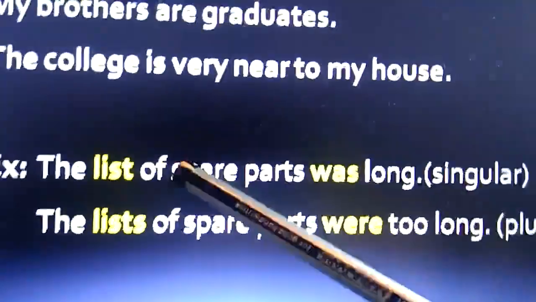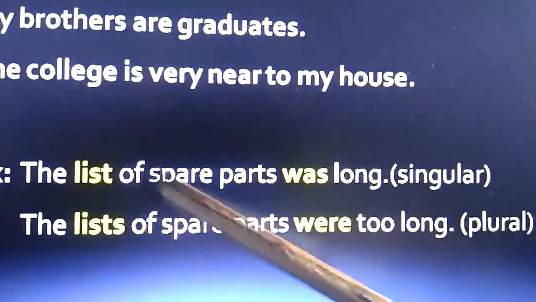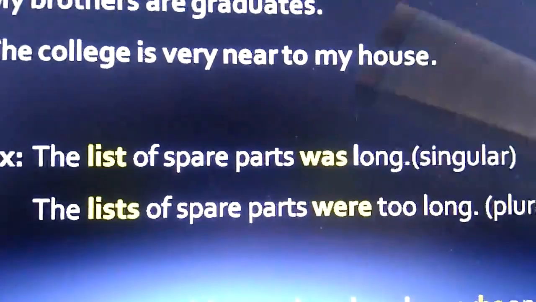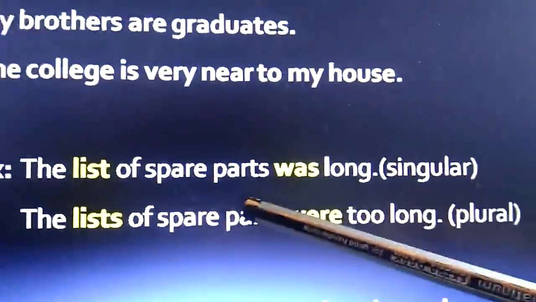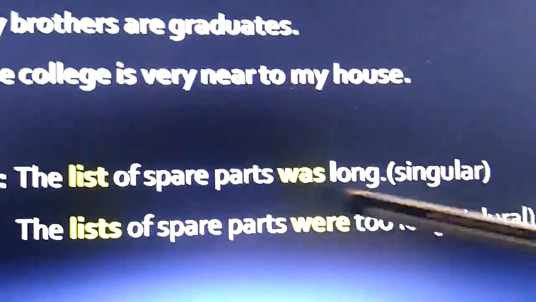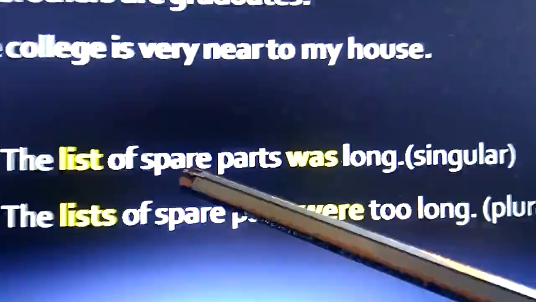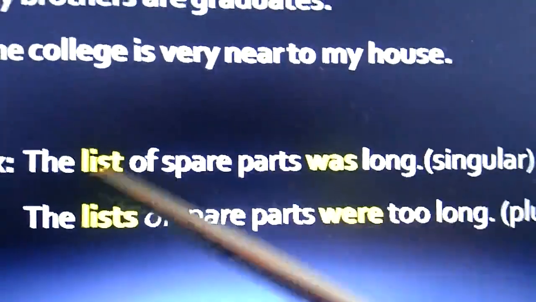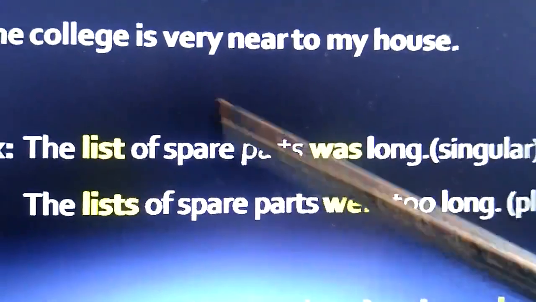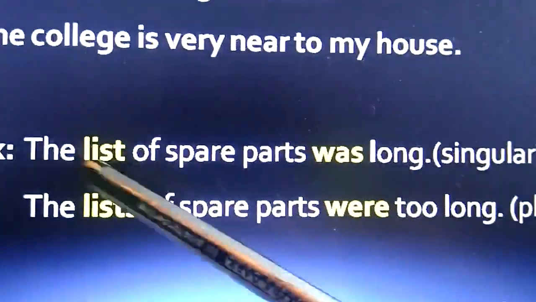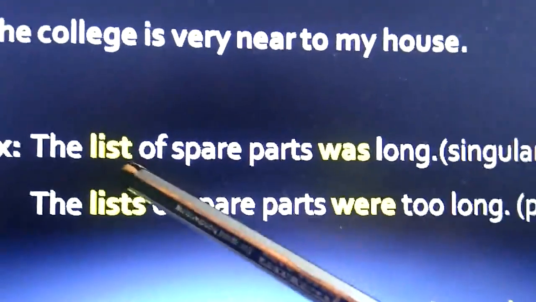In this example, see the second example, the list of spare parts was long. Here in this sentence, we should know first of all what is the subject of the sentence. Are we talking about the list or are we talking about the spare parts? We are talking about the list. Which list are we talking about?